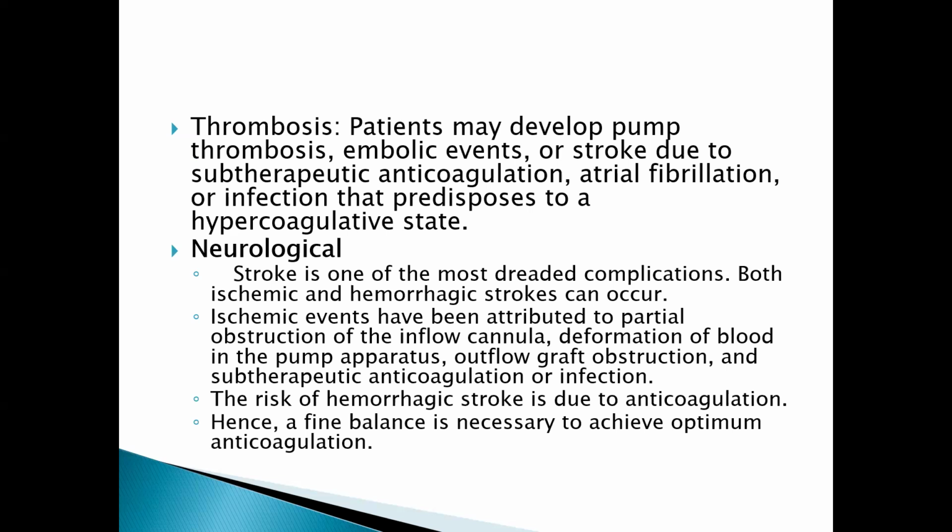Both ischemic and hemorrhagic stroke can occur. This has been attributed possibly to obstruction of the inflow cannula, formation of clot in the pump apparatus, outflow graft obstruction, subtherapeutic anticoagulation, or infection. And the risk of hemorrhagic stroke is due to the anticoagulation. Thus, there should be a fine balance to achieve the necessary anticoagulation in this patient.